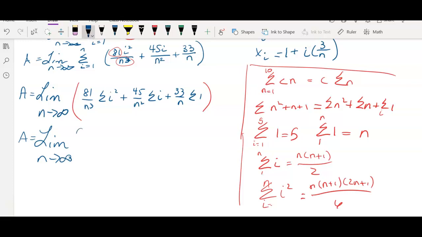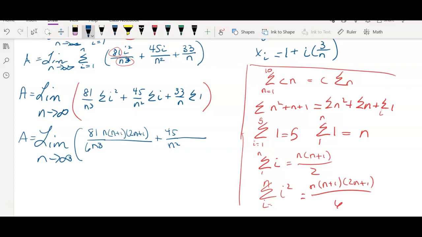It ends up being the limit of 81 over n cubed times, what's the sum of i squared? Plus 45 over n squared times, so there's a 6 there, right?